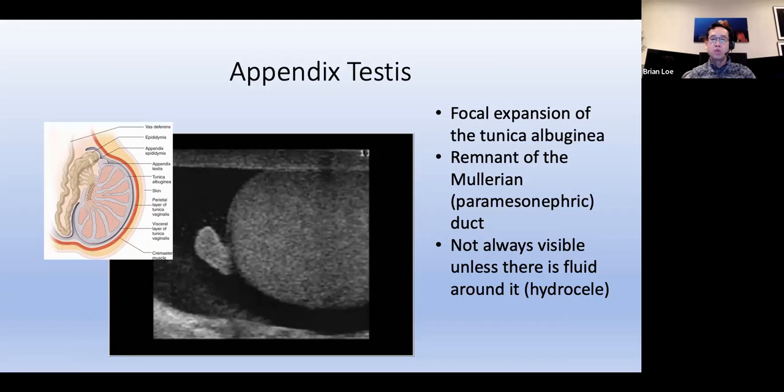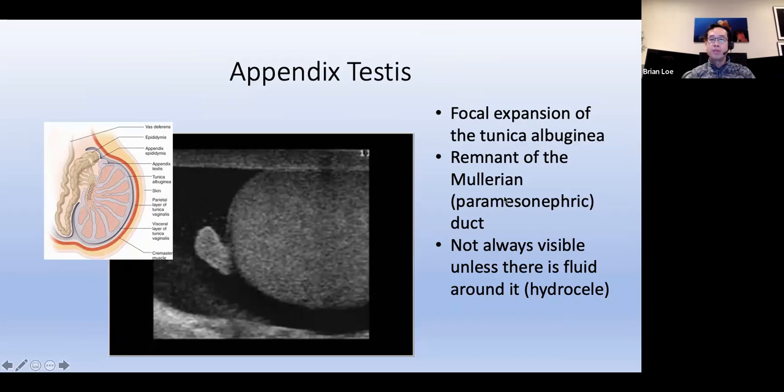There is also an appendix testis, which is in a different location. It is a focal expansion of the tunica, attached to the outside capsular margin of the testis. So unlike the appendix epididymis, which is attached to the head of the epididymis, the appendix testis is attached to the testis itself.